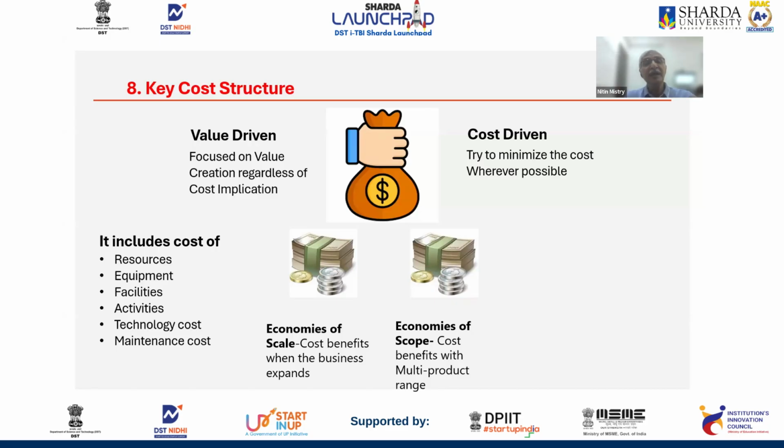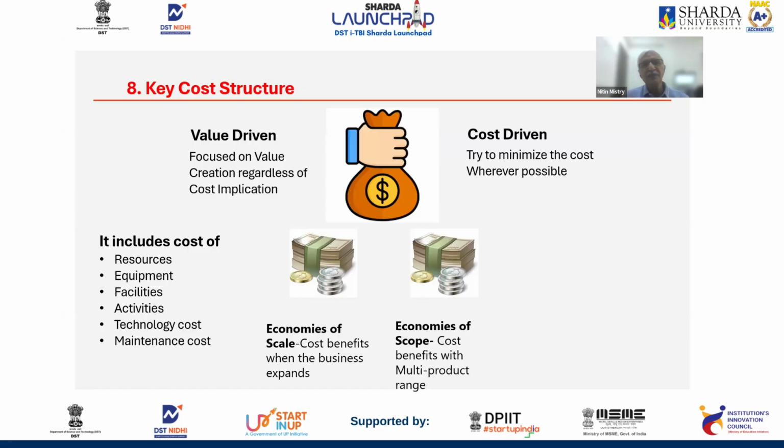Why? Instead of making one thing, a business makes multiple related things using the same resources, maybe the same machinery, the same raw material, the same distribution channel, or the same brand, promotion, and marketing. All those costs reduce, right? I'll give you a very simple day-to-day example.